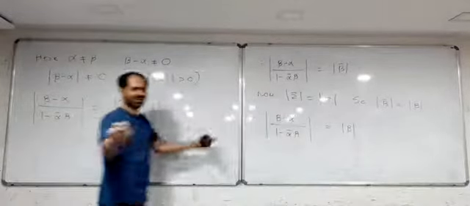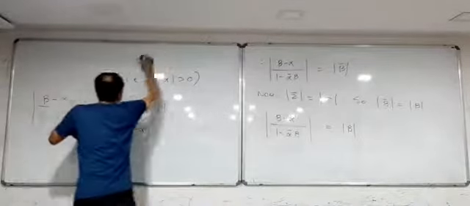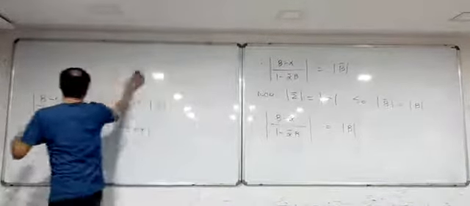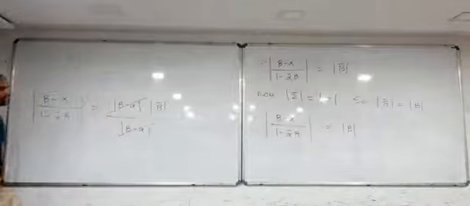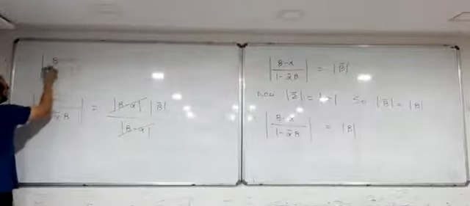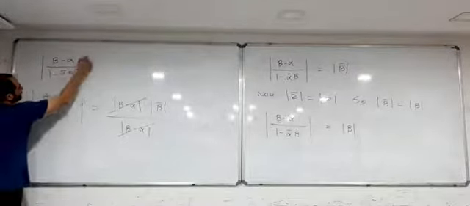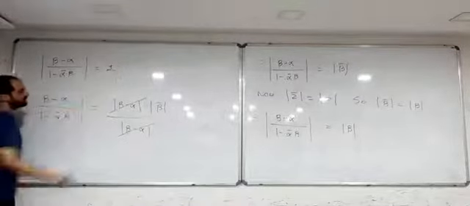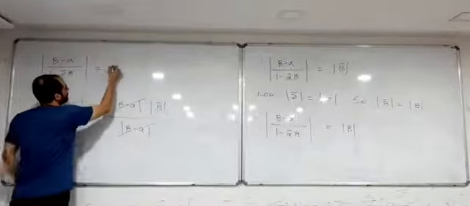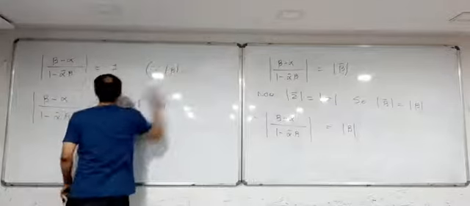What is mod beta? 1. So the answer has to be 1. Yes. So mod beta is 1. Therefore, magnitude of beta minus alpha upon 1 minus alpha bar into beta is equal to 1, because magnitude of beta is 1.